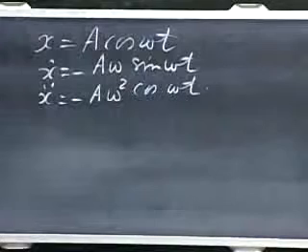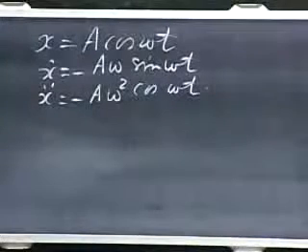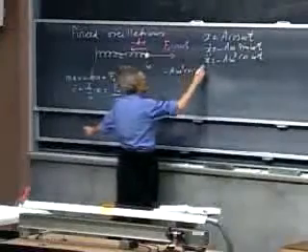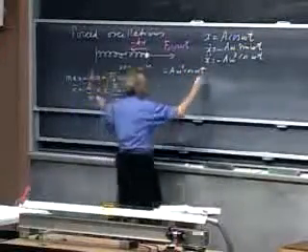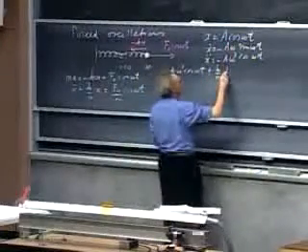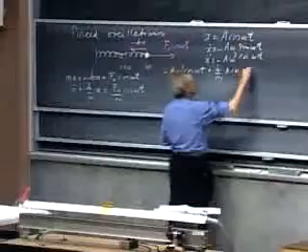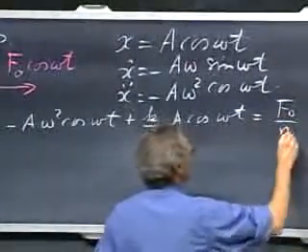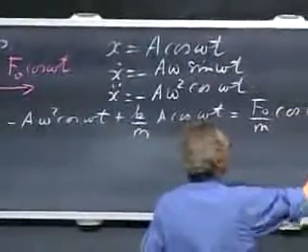And so now I'm going to substitute that in here. So I'm going to get minus A omega squared cosine omega t plus k over m times A cosine omega t, and that equals F0 divided by m times the cosine of omega t.